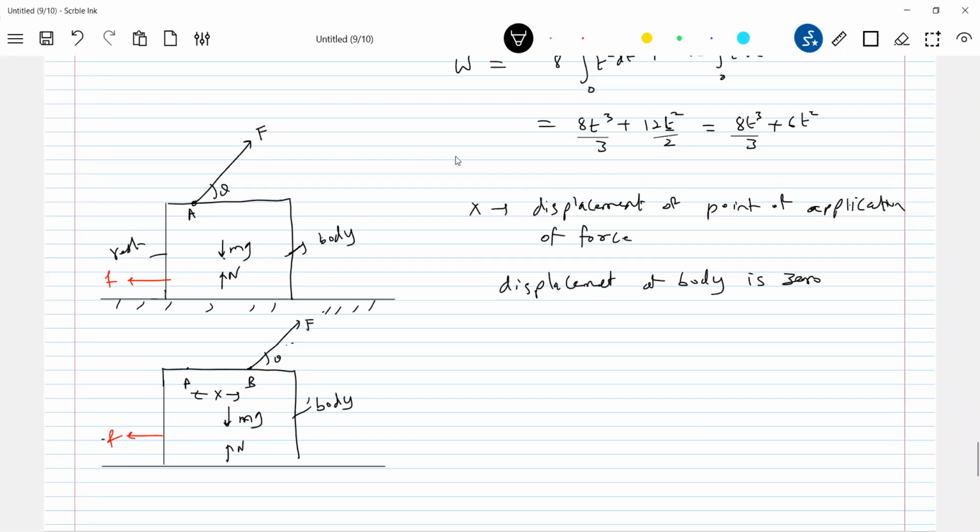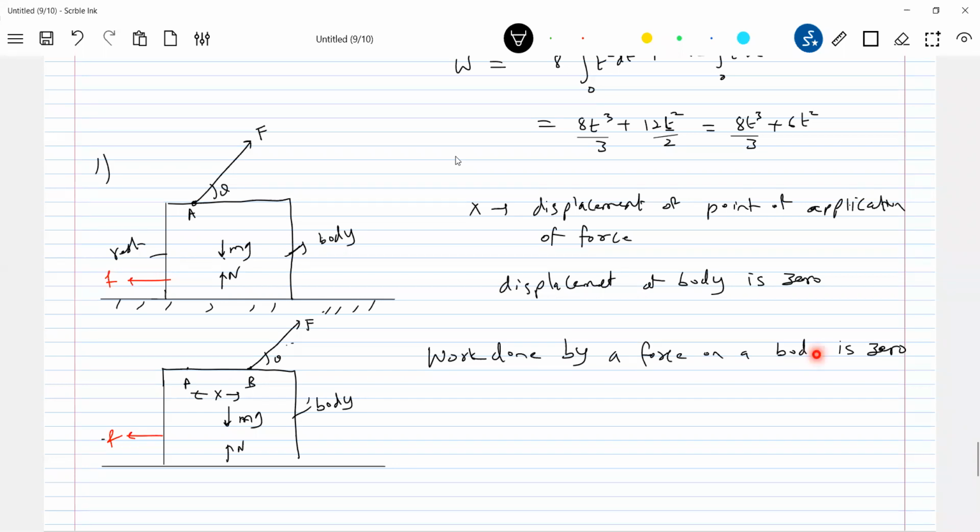So what is the displacement of the body? 0, no? Therefore, work done by a force on a body is 0. For this case, don't generalize it.